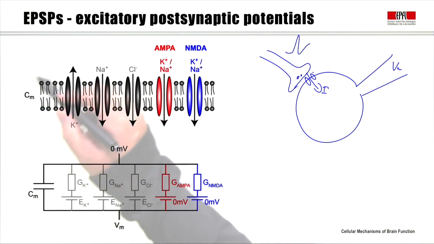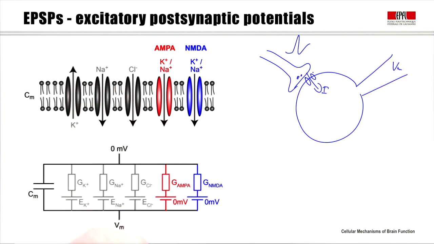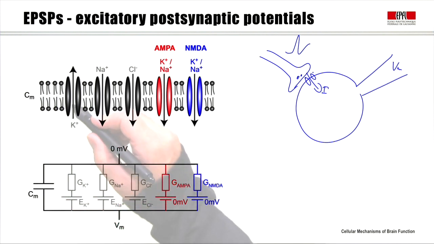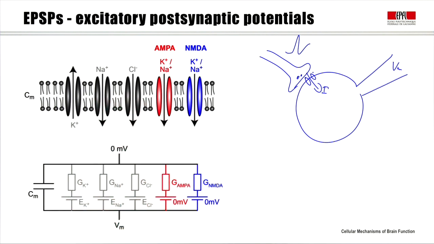that the phospholipid bilayer could be thought of as a capacitor that we draw here in the electrical equivalent circuit, and the individual ion channels with their different ionic permeabilities can be thought of as conductors or resistors alternatively, with a specific driving force relating to their reversal potential.